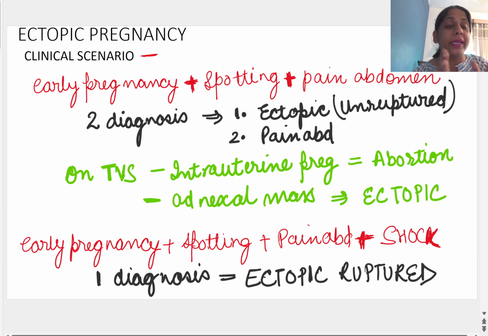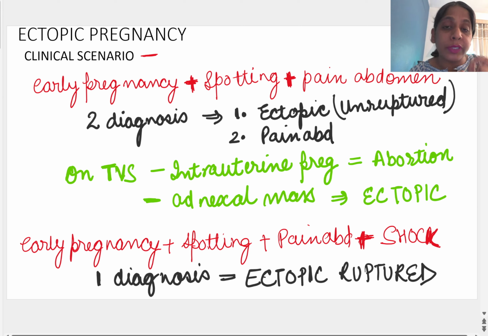There is an adnexal mass, a tubal pregnancy, and that tubal pregnancy stretches the peritoneum and the patient feels pain. Similar symptoms are there in abortion also: early pregnancy, spotting and pain abdomen. So how will we differentiate this unruptured ectopic and pain abdomen?